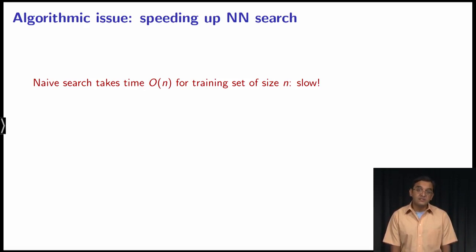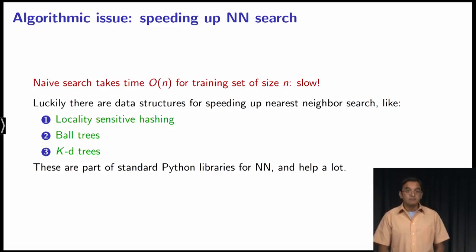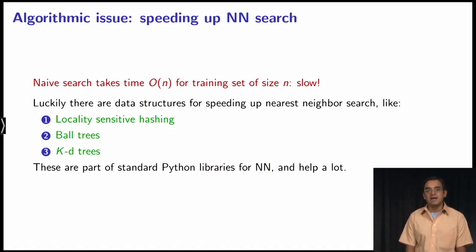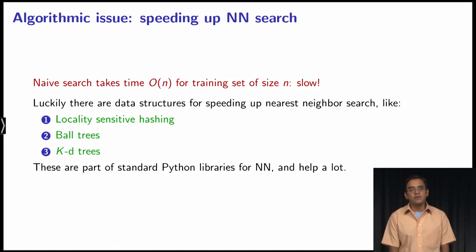More formally, if there's a training set of size n, a naive search for the nearest neighbor takes time proportional to n, which is very bad. The good news is that this problem has been researched for several decades now, and people have come up with a variety of data structures for significantly speeding up nearest neighbor search.